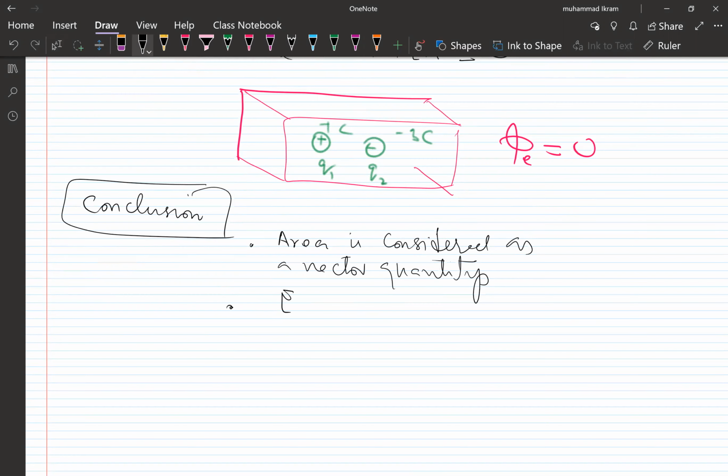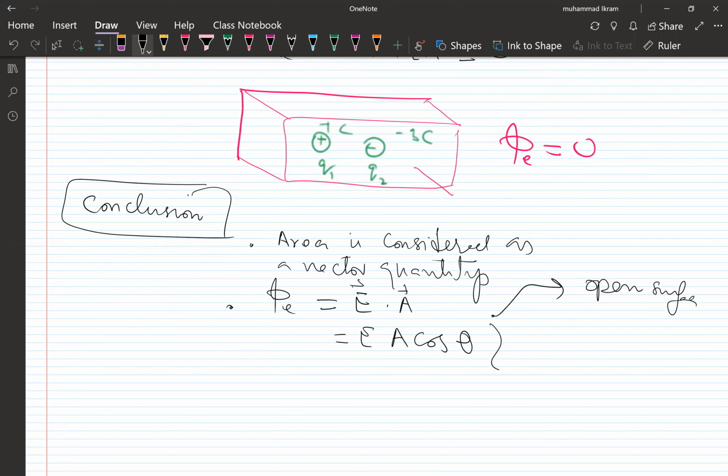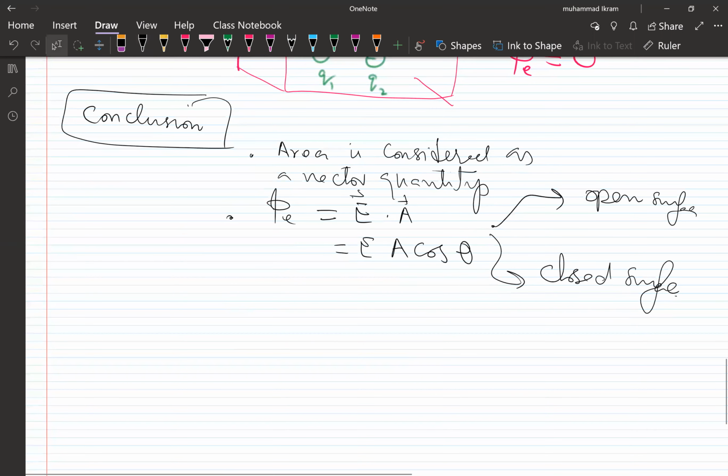Second, we studied the electric flux, and we say that electric flux is equal to E dot A or EA cos theta, when E and A do not lie along the same direction, right? And then we applied this to an open surface, and we did this for the closed surface also, right?